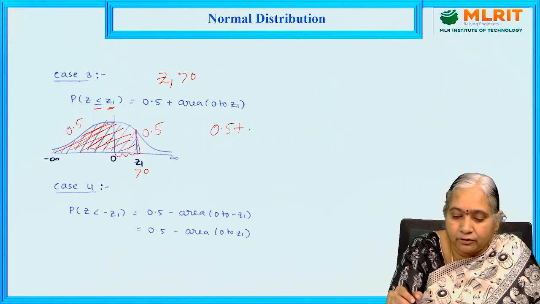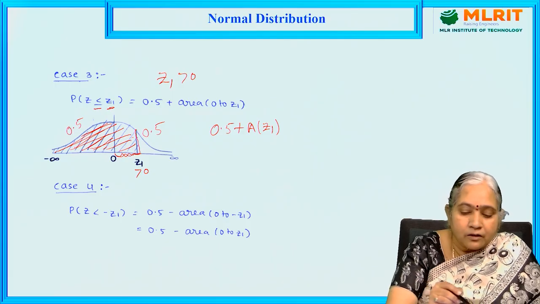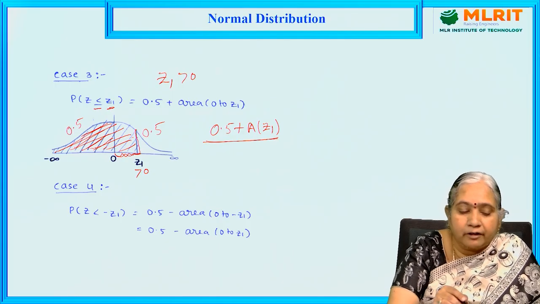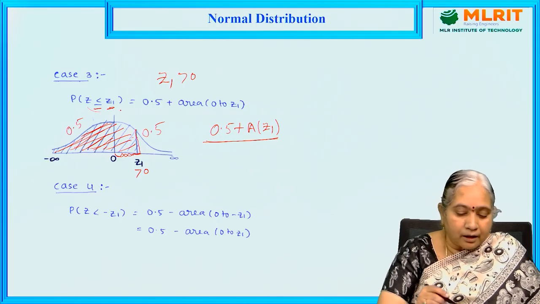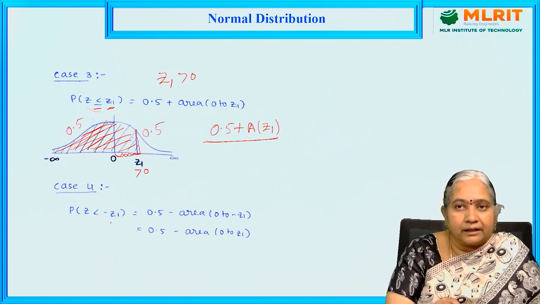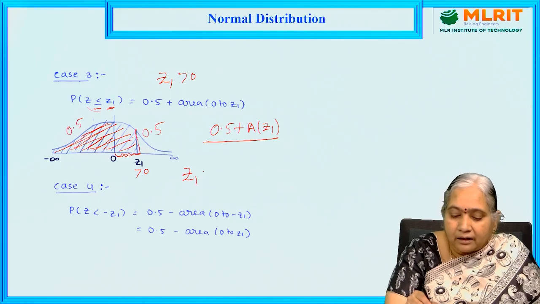So 0.5 plus area of Z1, where area of Z1 means 0 to Z1. If we add these two probabilities, we get the required probability, that means Z less than or equal to Z1.